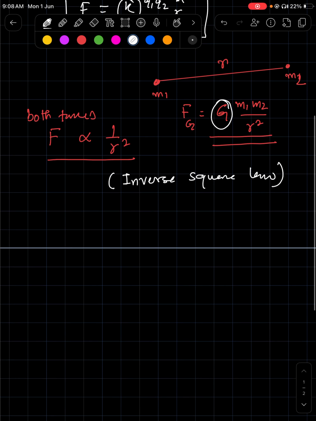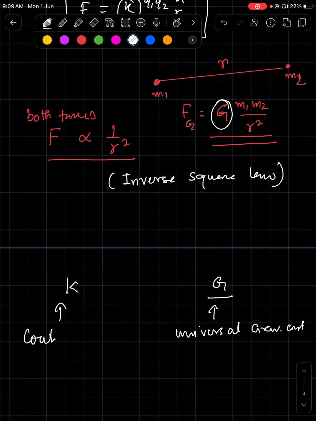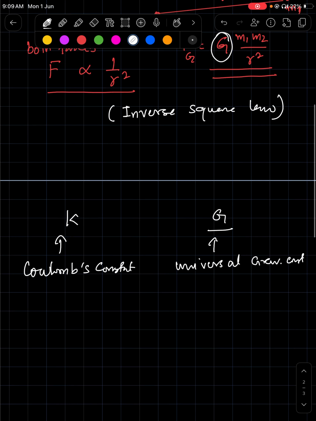In the electrostatic force, the proportionality constant is K, but in the gravitational force, the proportionality constant is G. G is called the universal gravitational constant, and K is simply known as the Coulomb constant. So what is the difference between these two constants? You have already seen that there is a word before the name of the gravitational constant: universal.